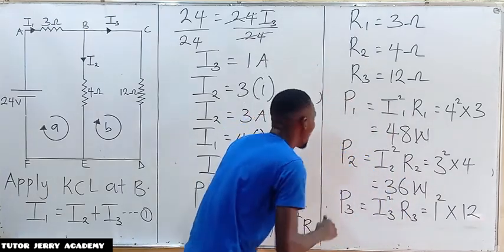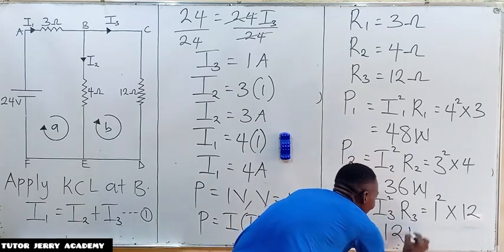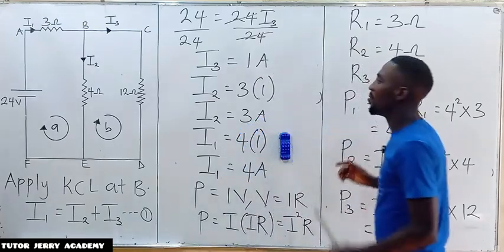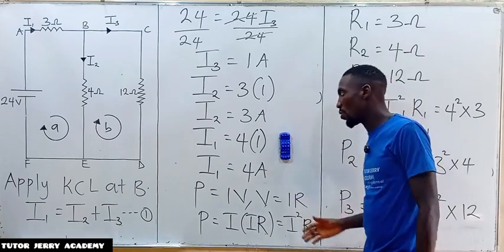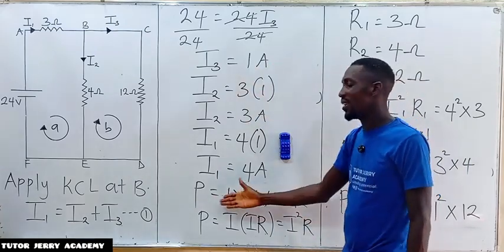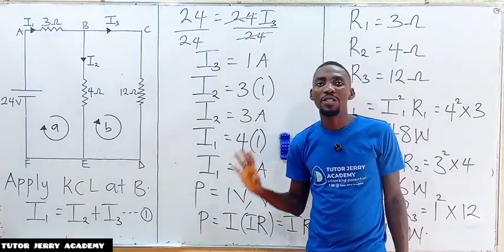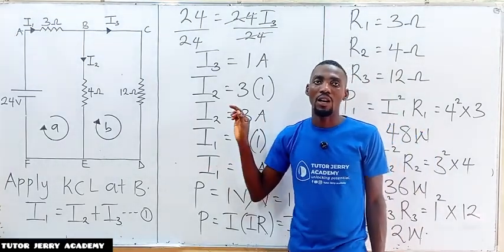So this will be equals to 12 watts. So here is the value of power that is developed in each resistor, and here is the value of current that is developed in each resistor. So I hope this question is well simplified using Kirchhoff theorem.